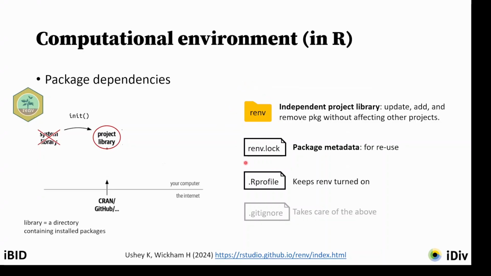You also have this renv.lock file. This will contain the package metadata, and this is like the main file that people will need to reuse your work. And you also get an .Rprofile file that is basically there to keep renv turned on, because this means that every time you install a new package, there is the possibility of updating your list of packages.